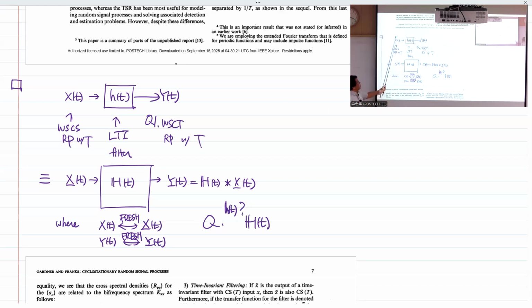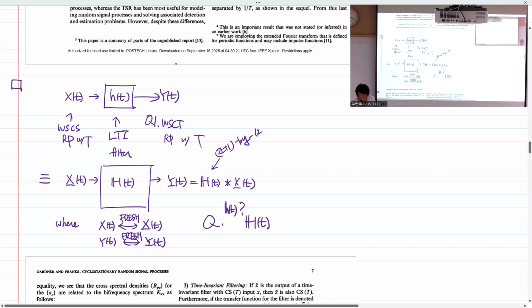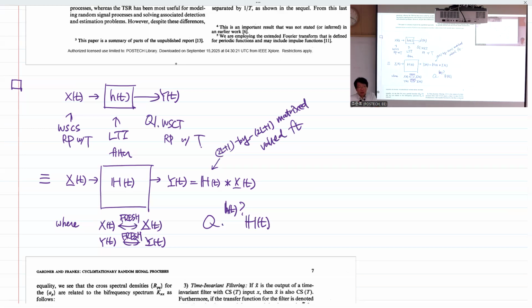Second one is that this input-output relation is equivalent to something like this. Of course, you can easily see that this must be 2L plus 1 by 2L plus 1 matrix valued function, or you may say that this is a multiple input, multiple output system with 2L plus 1 inputs and 2L plus 1 outputs.